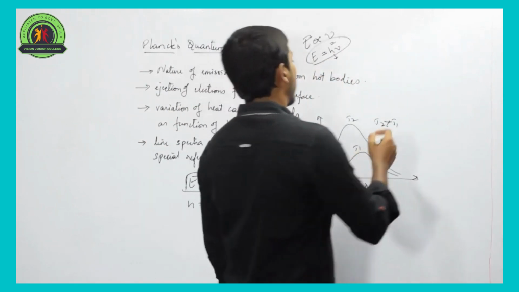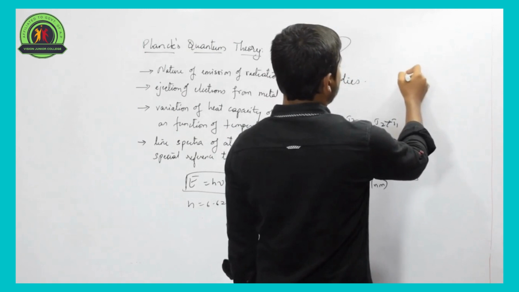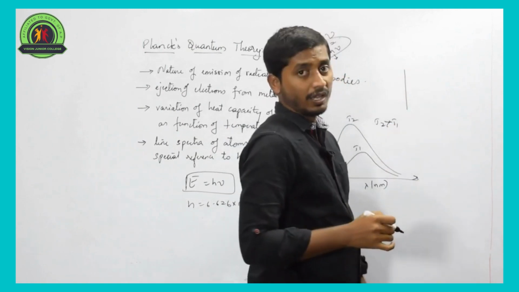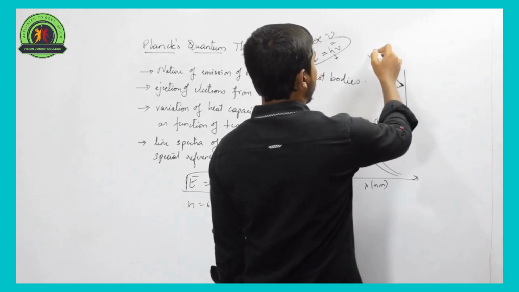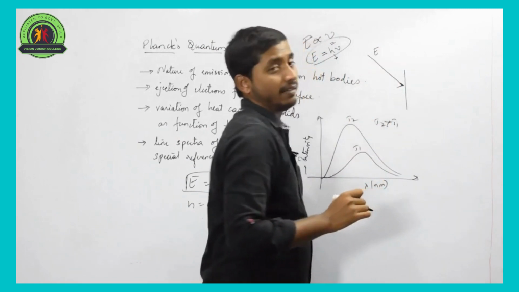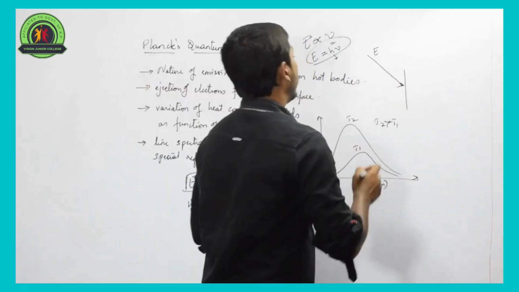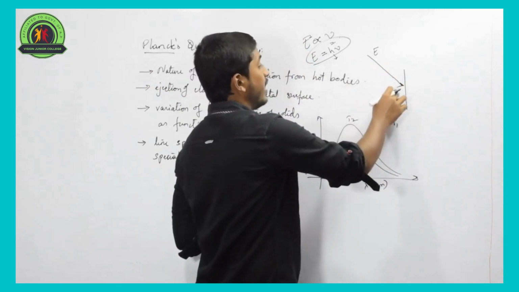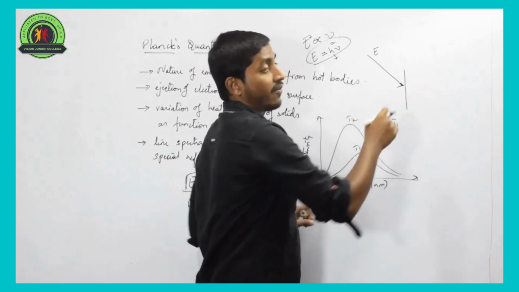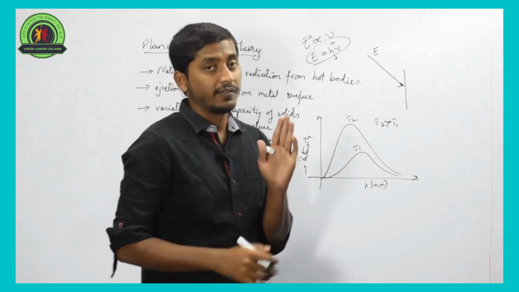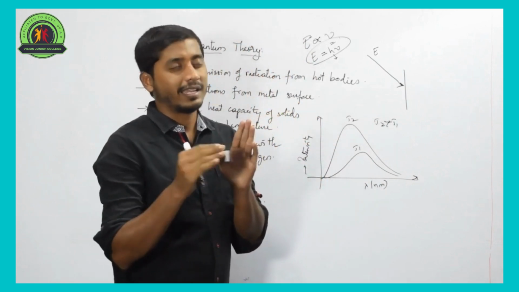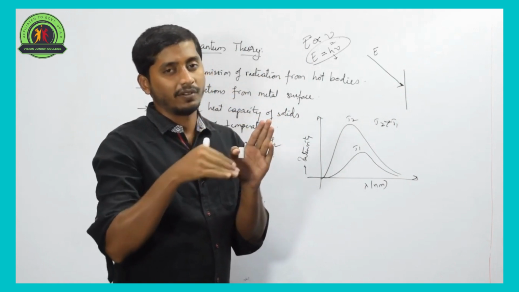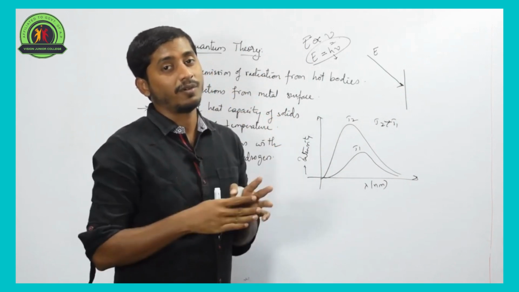See here, whatever the metal is, if I take some metal and some light is incident on this, let the energy of that light be E. When light energy is incident on a plane surface of a metal, remember the surface should be plane, right. Even if it is textured in some way, that is a non-uniform surface.